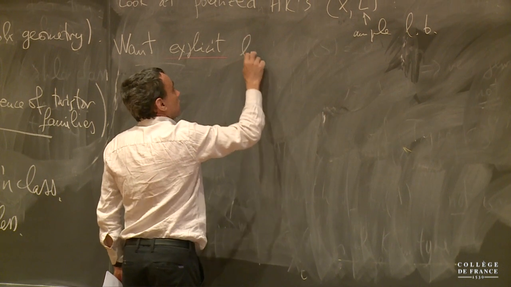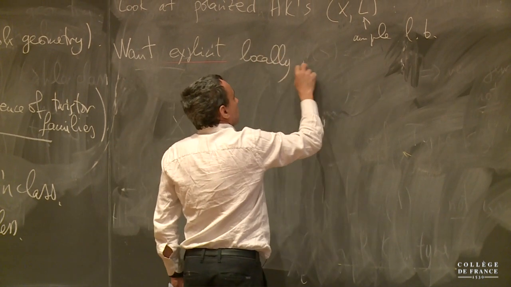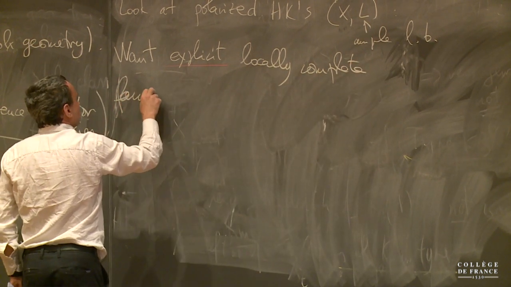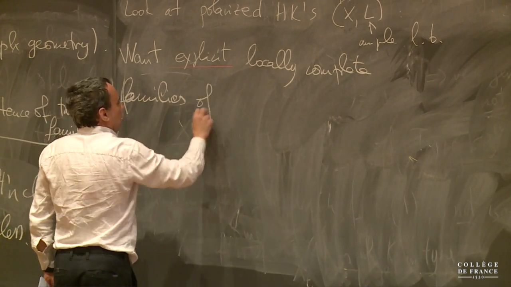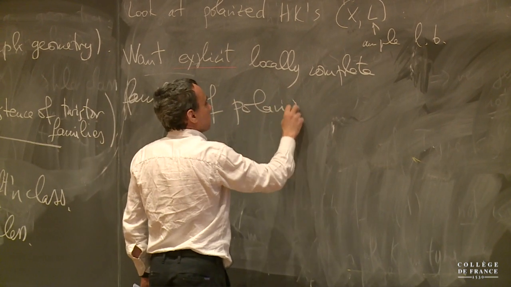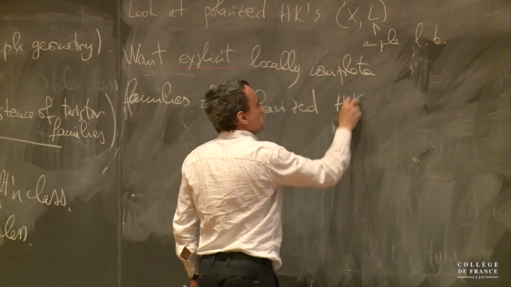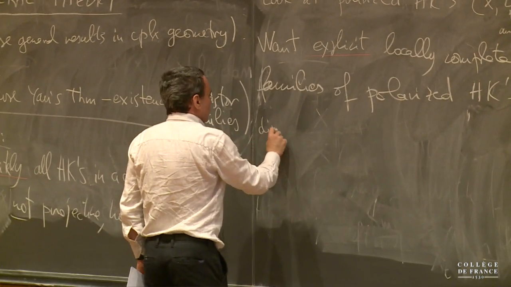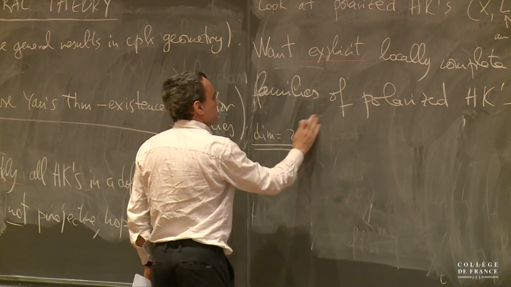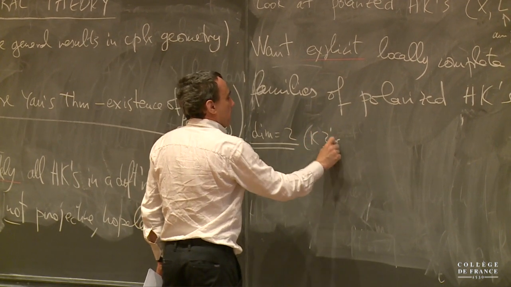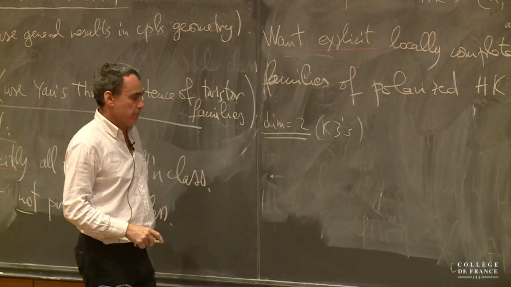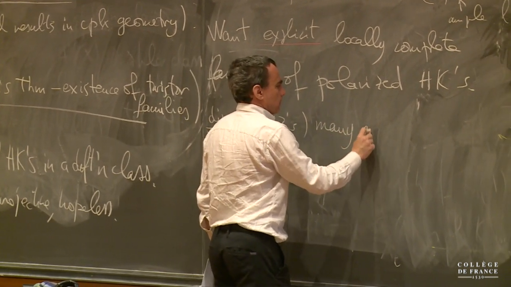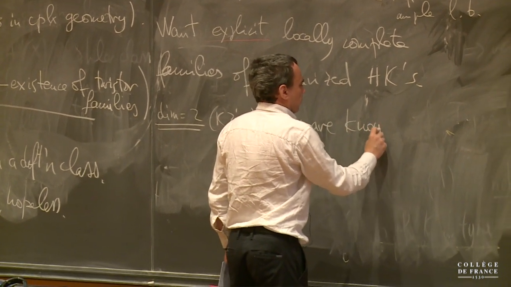We want explicit, locally complete families of polarized Hyper-Kählers. Okay? So in dimension 2, so this means for K3s, there are many such families known.